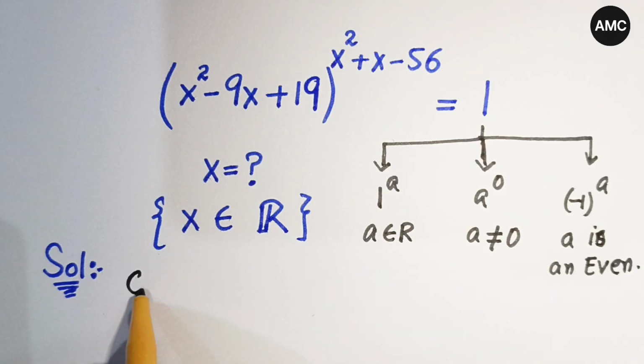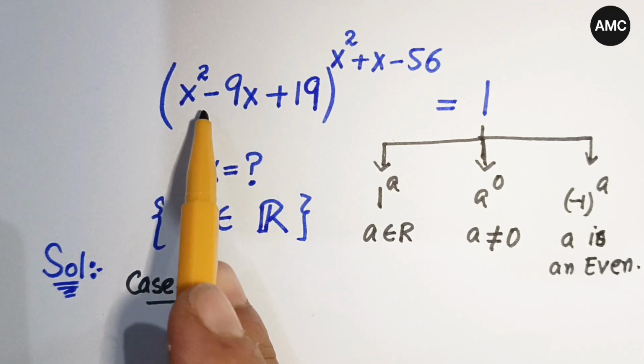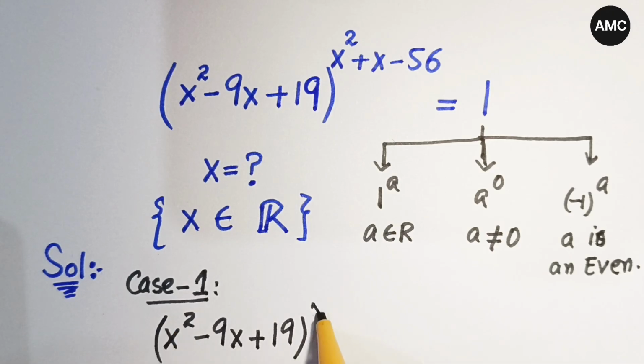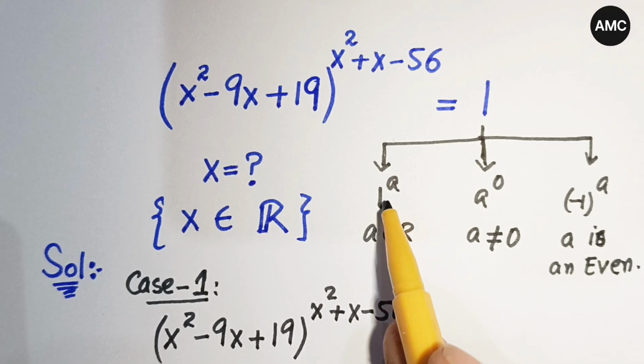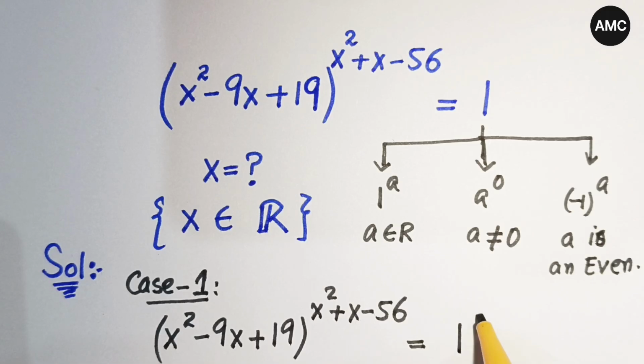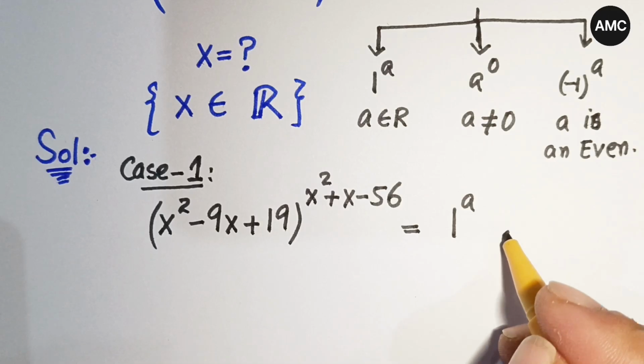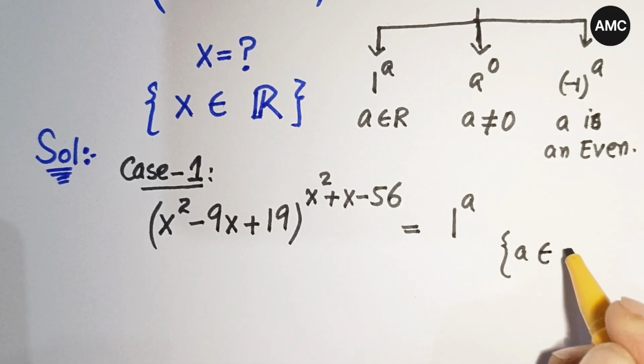First of all, we have our case 1. (x² − 9x + 19)^(x² + x − 56) = 1^a, and remember here a is an element of the real numbers.